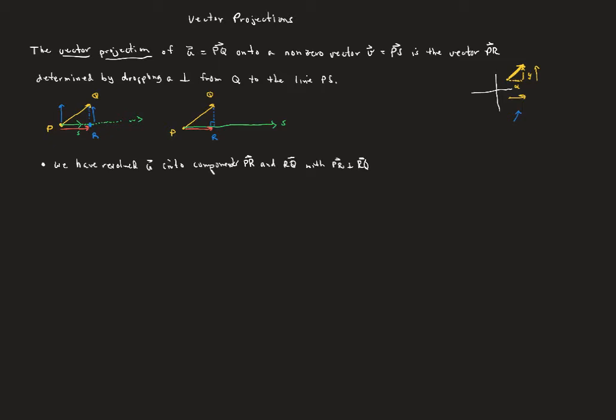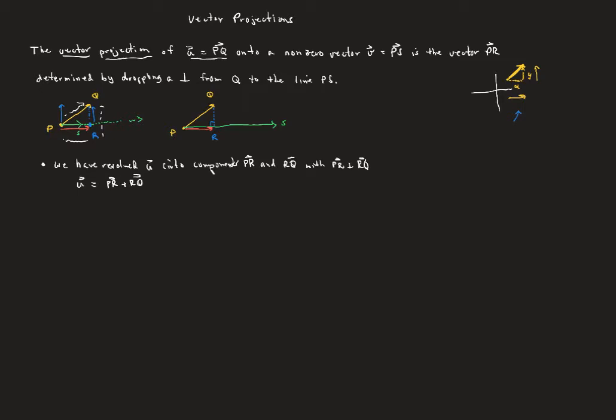Now, from this, we can also see that u, our original vector, which is another name for PQ, is equal to PR, that projection vector onto PS, plus RQ. You can see that, going tip to tail, we add those together and we get the vector that we started with.